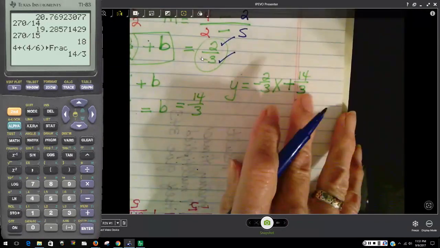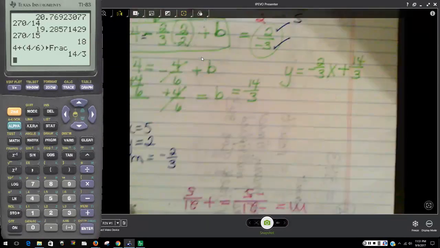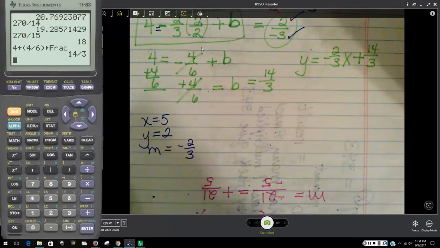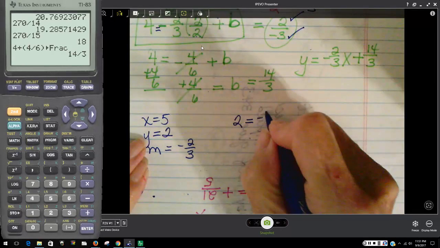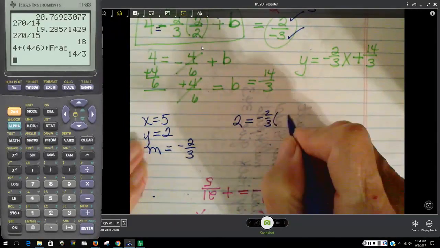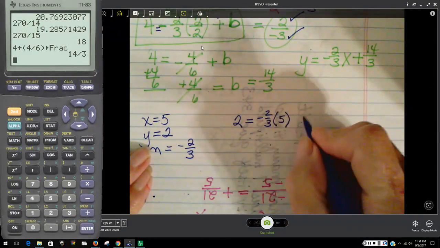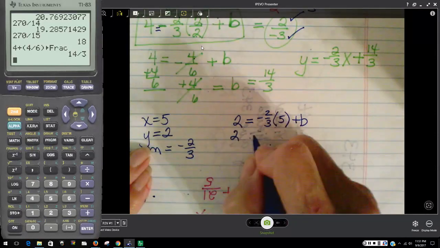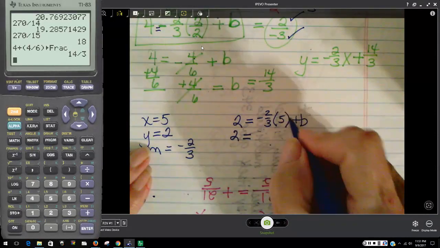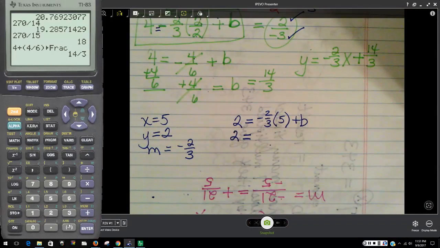Let's start from scratch. And y, which is 2, is equal to m, which is negative 2/3, times x, which is 5, plus b. 2 equals negative 2/3 times 5, just to be sure. Because it is at this point 11:51 p.m. for me.